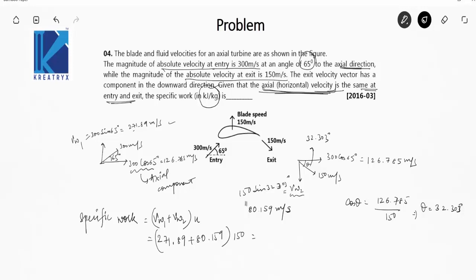Solve it, the answer will be 52807.7. This will be in joule per kilogram, so that will be 52.807 kilojoule per kilogram. So answer will be 52.807 kilojoule per kilogram. Okay, so let's move on to the next question.